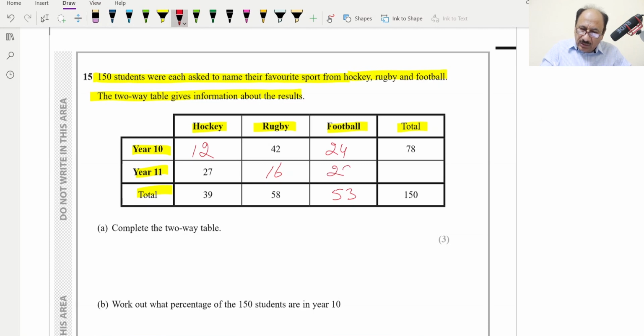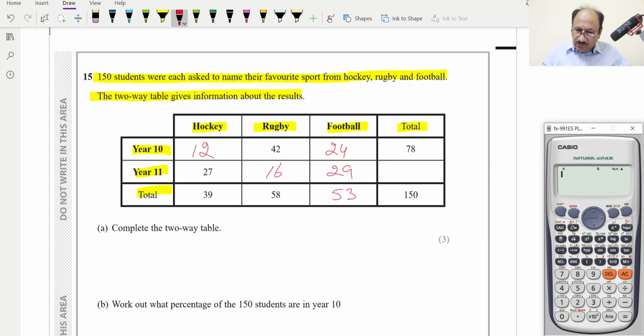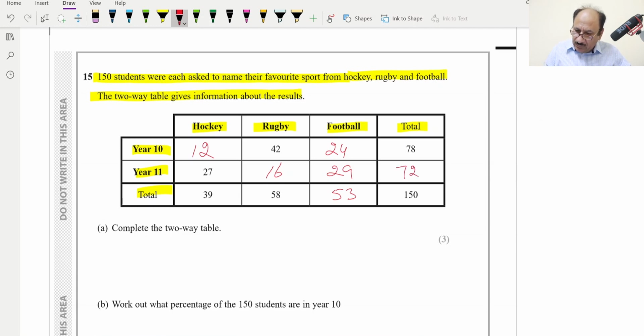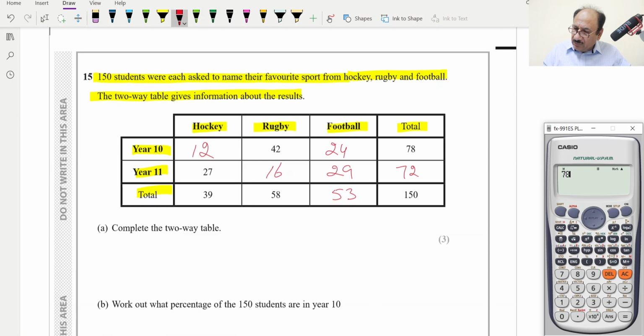So we can write here 29 and we can add up these numbers. So 27 plus 16 plus 29 is equal to 72, and we can double check 78 plus 72 is equal to 150. So two-way table is done.